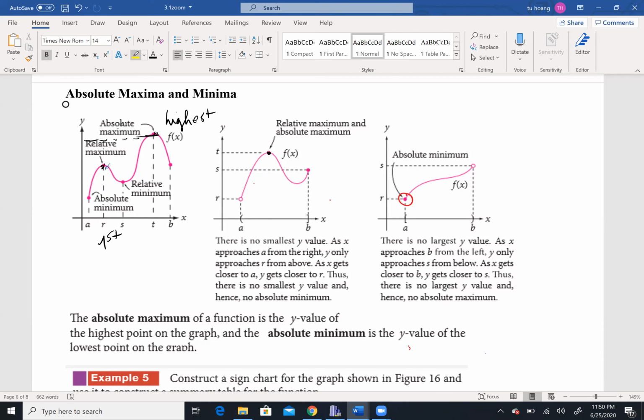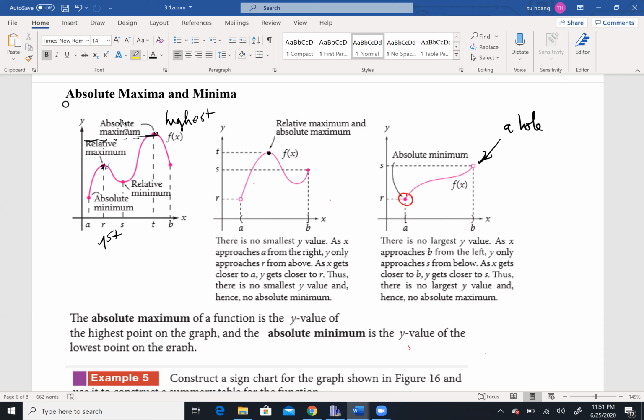For this, move to the next column here. You may think, oh, maybe this point with its highest value is going to be the absolute maximum, but actually no, because here the graph has a hole.